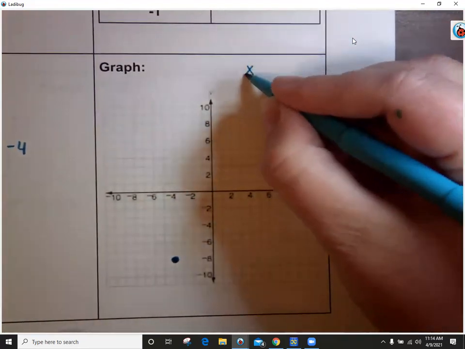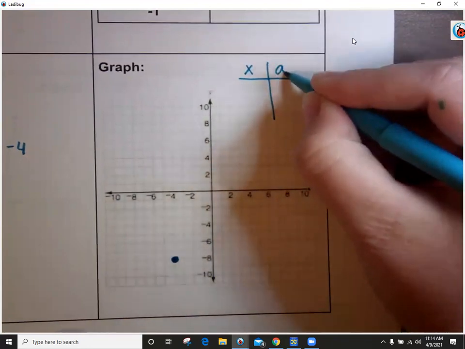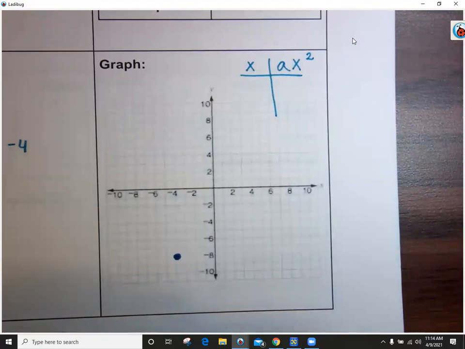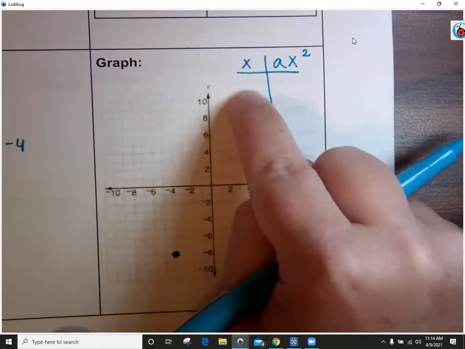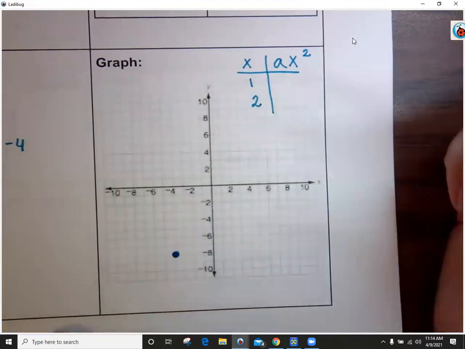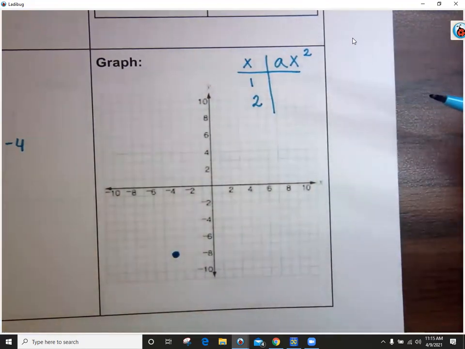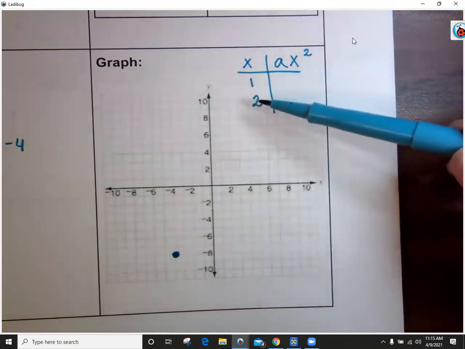And for the move chart, it was x and ax squared. You remember that? And you got to pick the x's. I said that picking 1 and 2 are going to be your best bet unless the a value in the equation is a fraction. Then you want to choose multiples of the denominator.